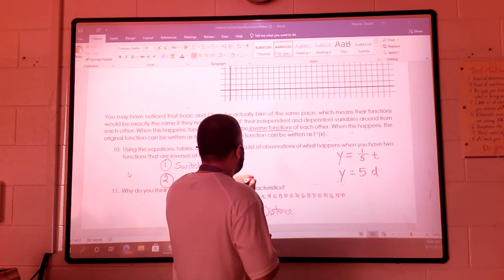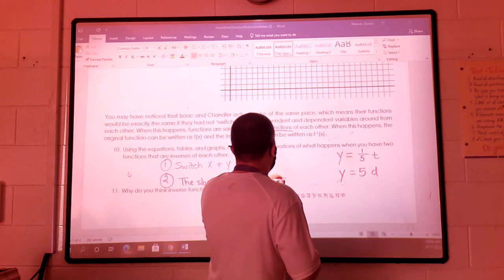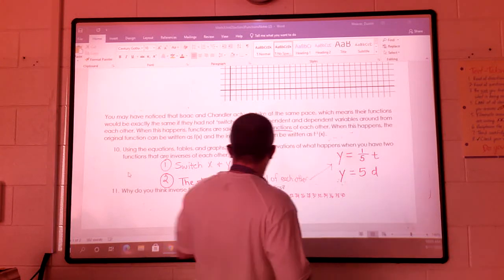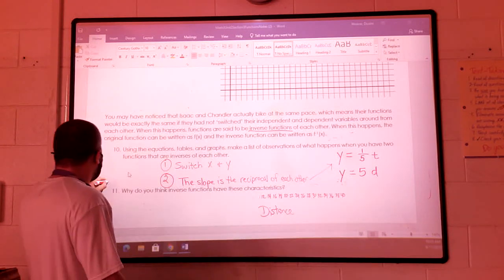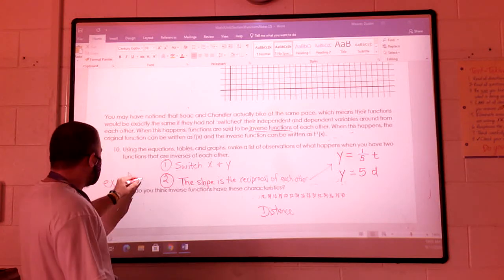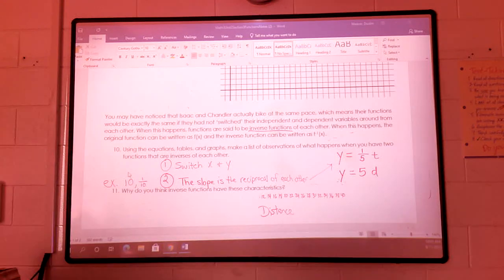So, for example, let's say we have a slope of 10, then the other one would be 1/10, right? If we have a slope of 5, then the other one's 1/5. So it's just putting it on the bottom of the fraction.